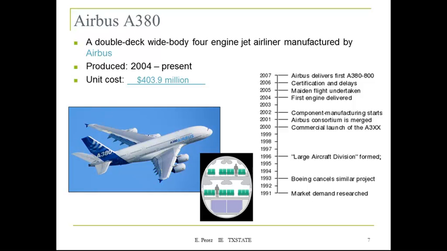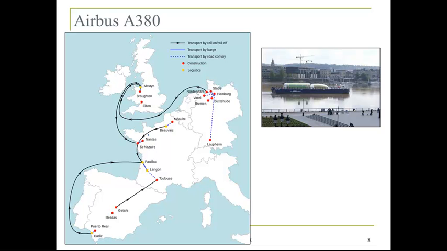So you see, when you have this level of commitment in terms of capital, you need to make sure that you are able to deliver such a unit on time. Just to give you an idea of the things involved in producing such an airplane, here it says Toulouse.